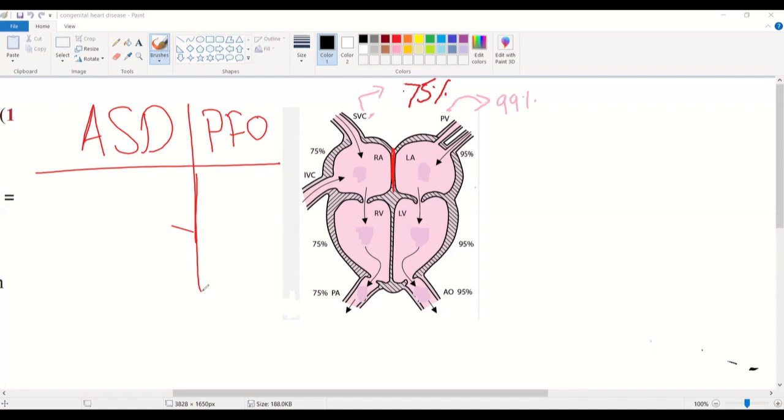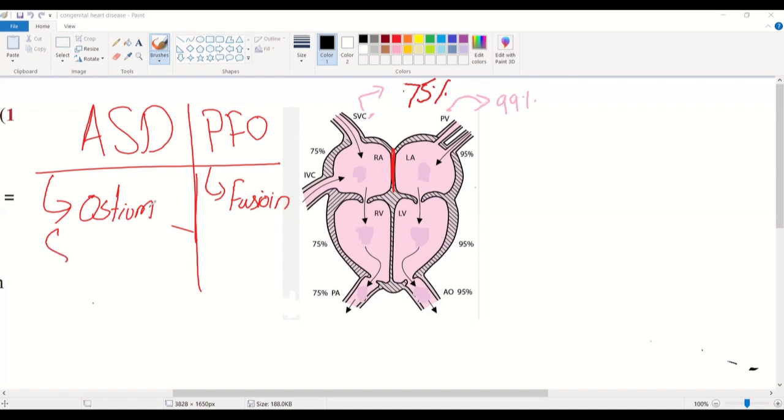The patent foramen ovale is basically a fusion defect of septum primum and septum secundum, but the ASD is mainly a defect in the ostium secundum.